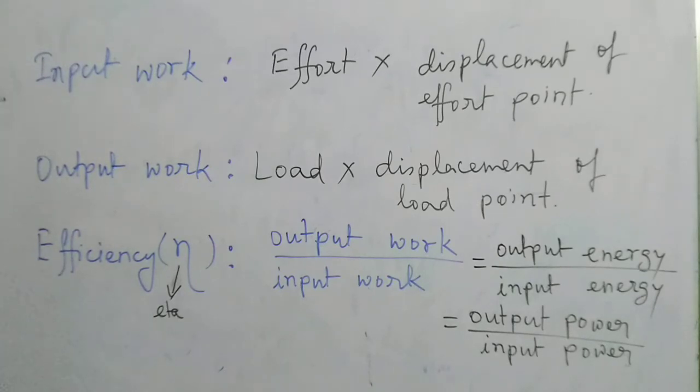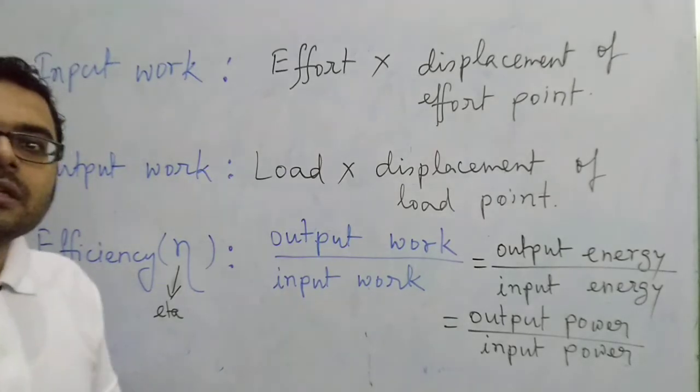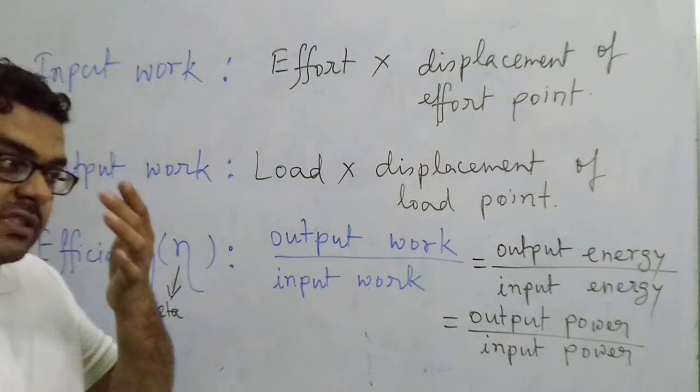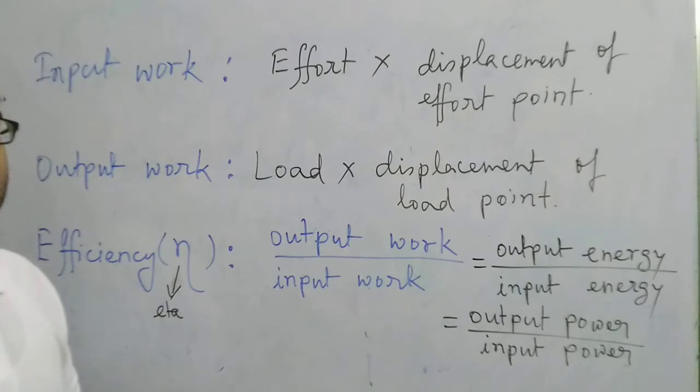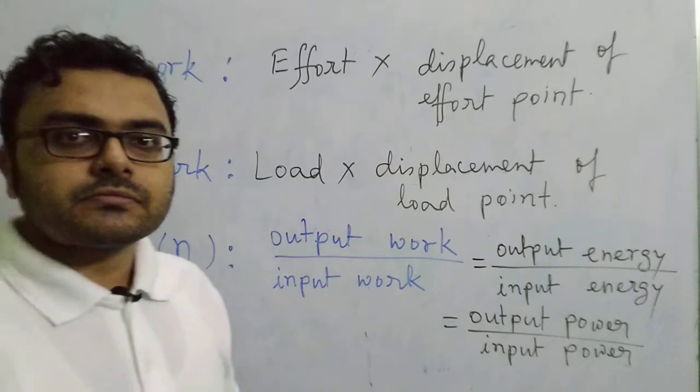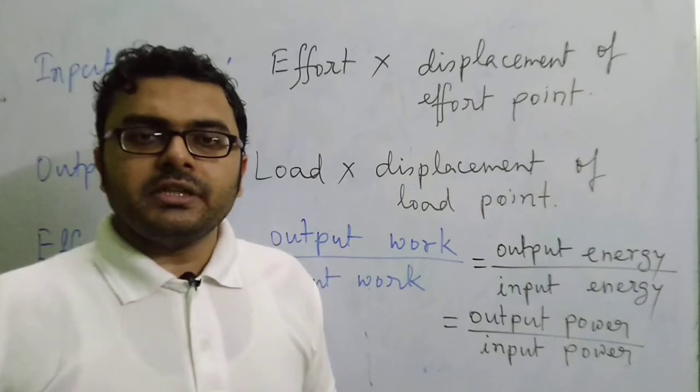I think all of you have heard of the efficiency of machines. Various machines have various efficiencies. The more efficient the machine is, the more useful it is, because the more efficient the machine is, definitely the loss in energy will be less.